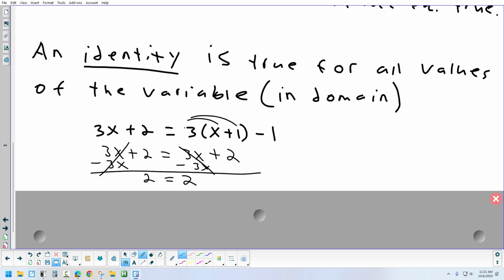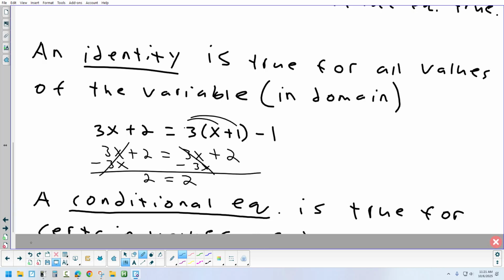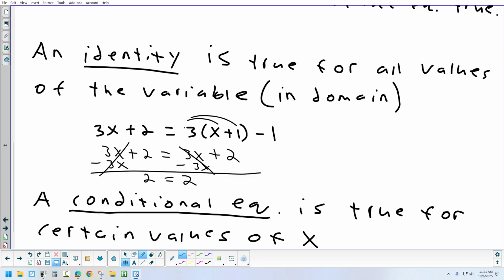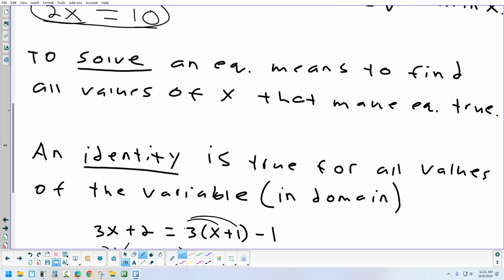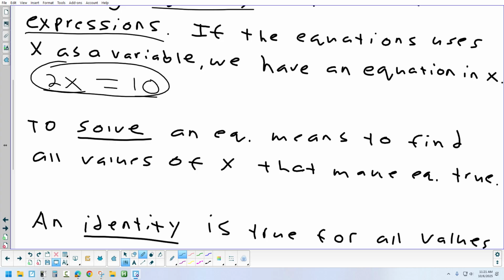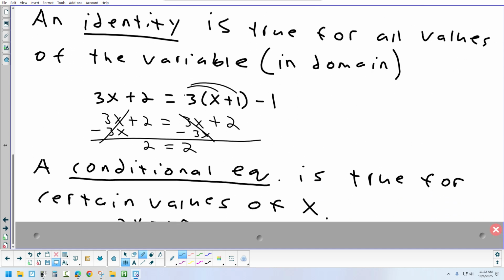Okay, so that's a special case. The more typical case is like the one I had right here. This is called a conditional equation. There's a condition that will make it true if you pick the right number for x. In the example I had up above, it would be 5.